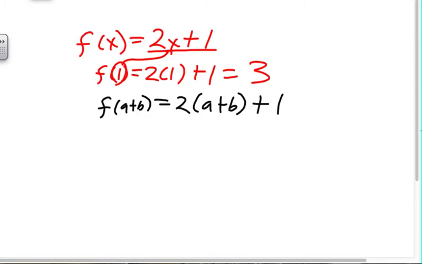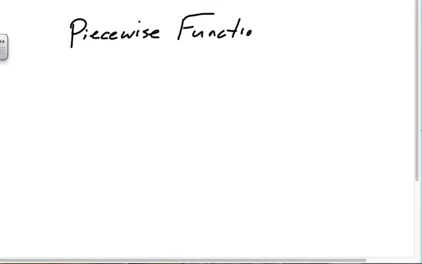Okay, so now let's step off into the college algebra. I want to talk about piecewise functions. Piecewise functions are functions that are only defined in particular areas.